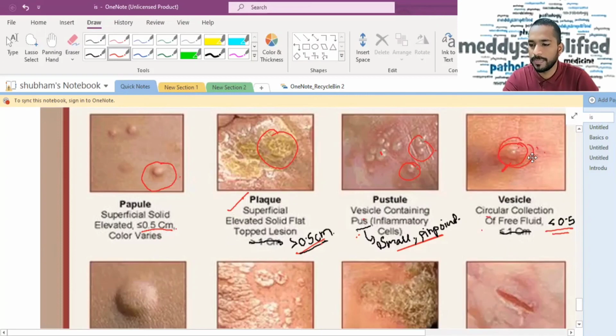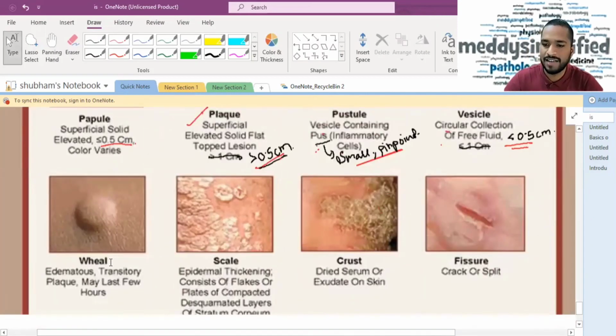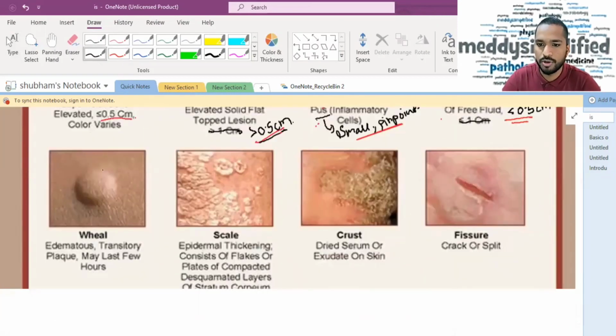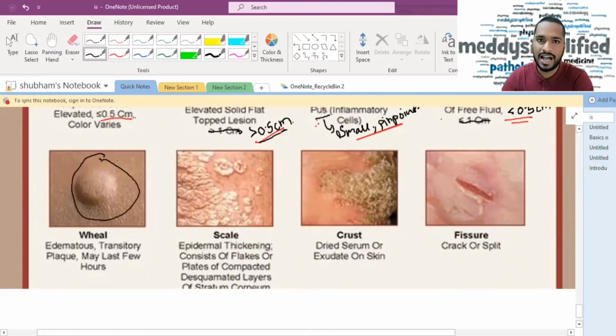Now going further, let's have a look at four more small images. Now this is a wheal. If you remember, it was the last skin lesion which we discussed in the primary skin lesions. Wheal is an edematous, transitory plaque, may last a few hours.